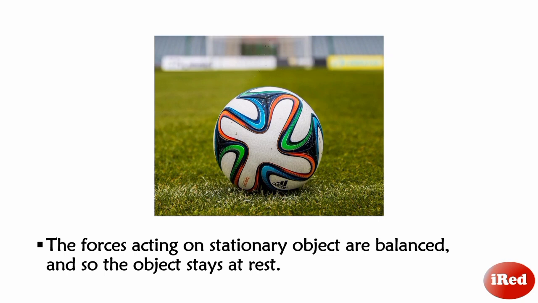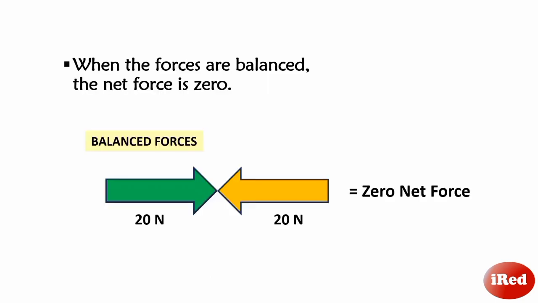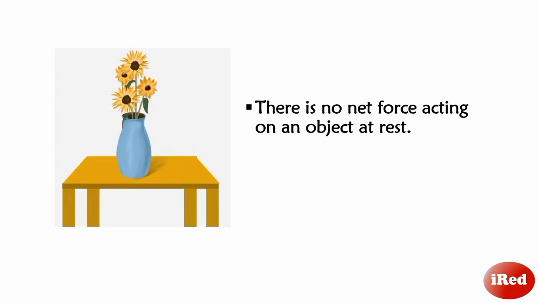The forces acting on a stationary object are balanced, so the object stays at rest. And when the forces are balanced, the net force is equal to 0. Thus, there is no net force acting on an object at rest, since the forces acting on an object at rest are balanced and cancel out each other.